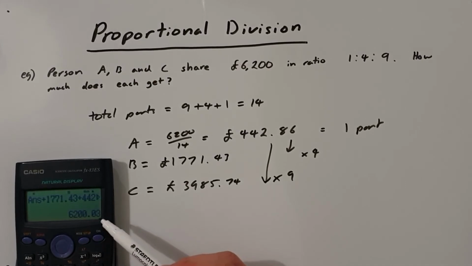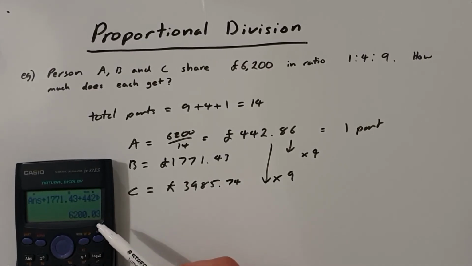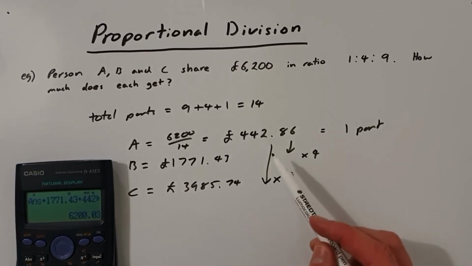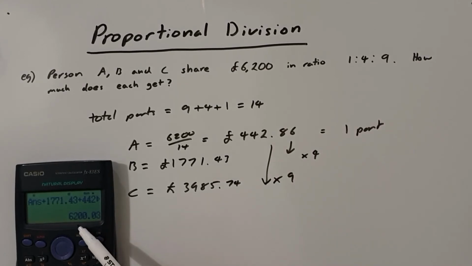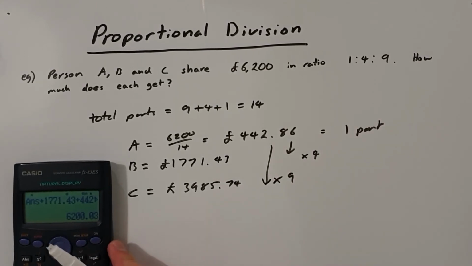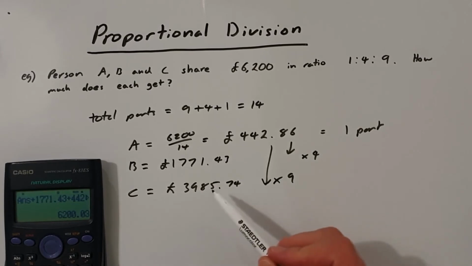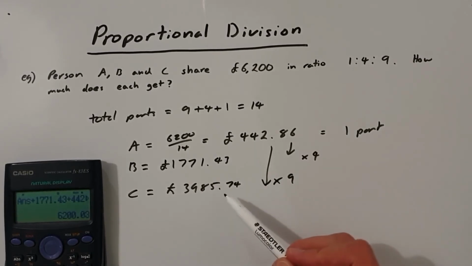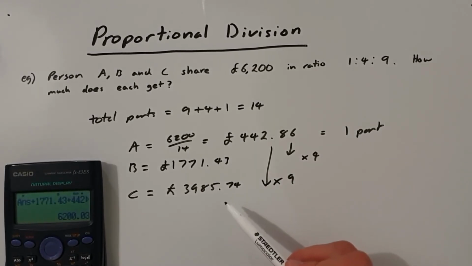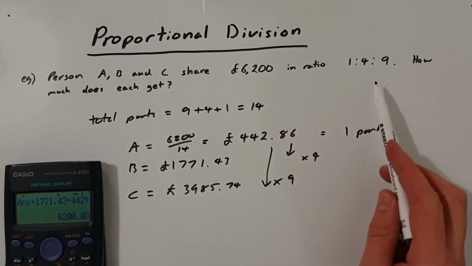And yeah, we've got a slight difference here, and that's just because we rounded some of our answers halfway through. But these add up to 6,200, so we know we're on the right track, and we've divided them properly to give the exact amount that each one has got according to the ratio.